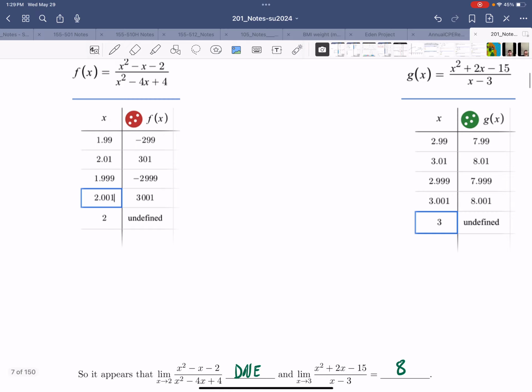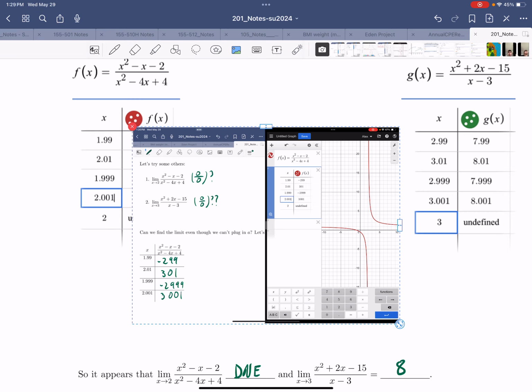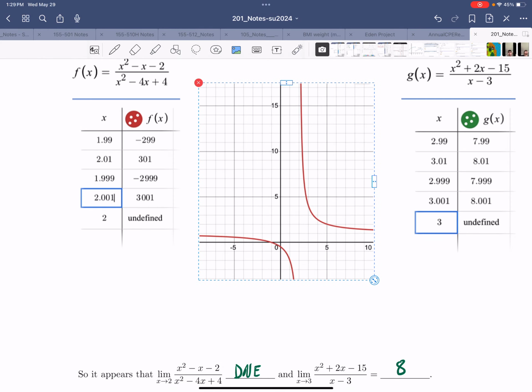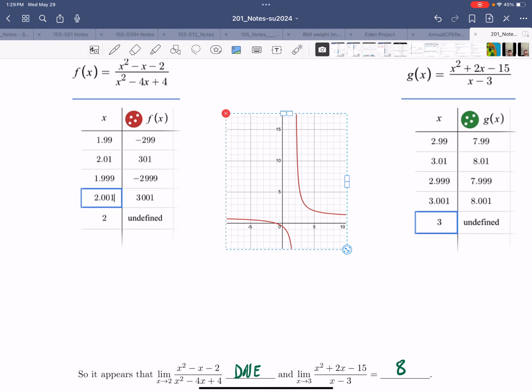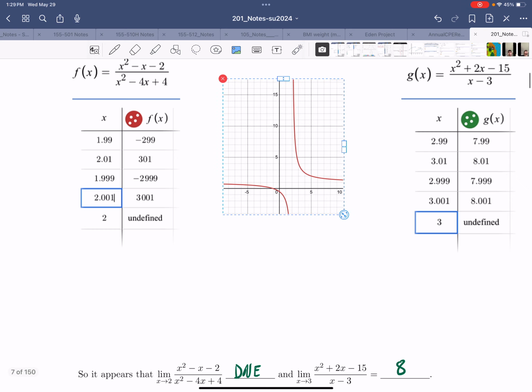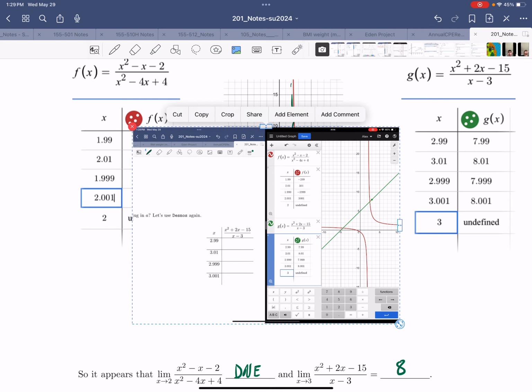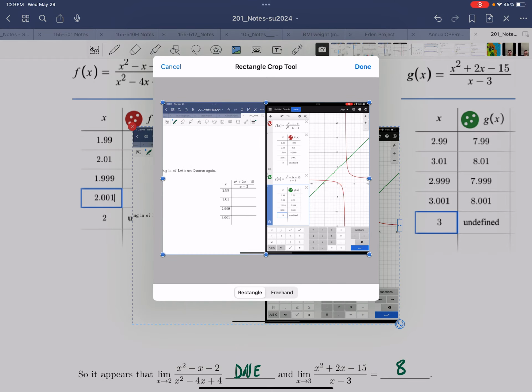And again, if we take a look at the graphs, we've got that graph right there, and then that is 2. There's that vertical asymptote. And then for the other one, I'll still crop it.